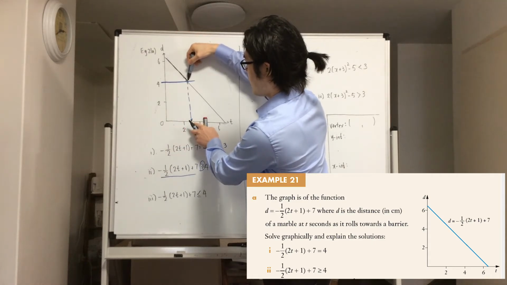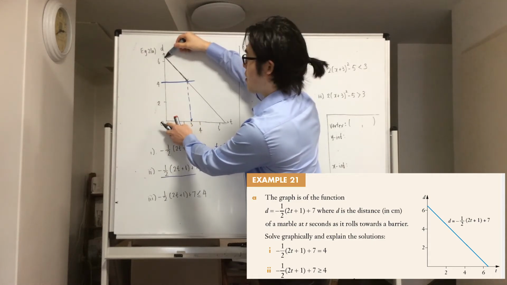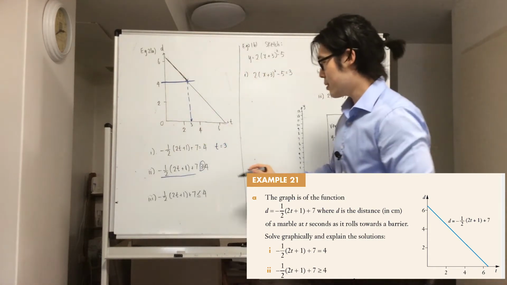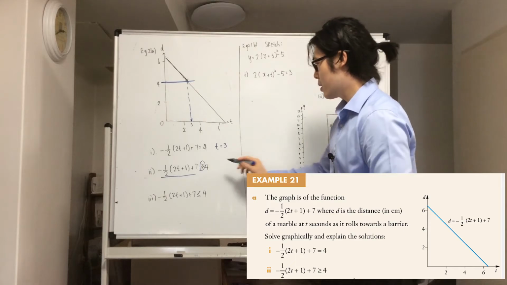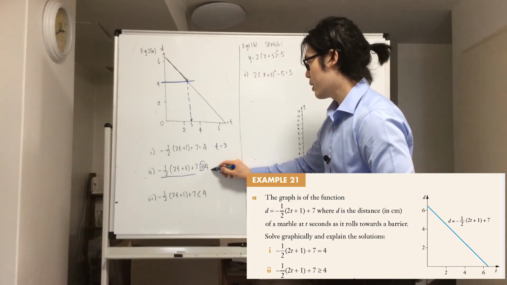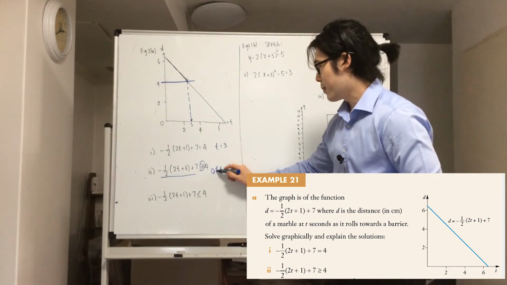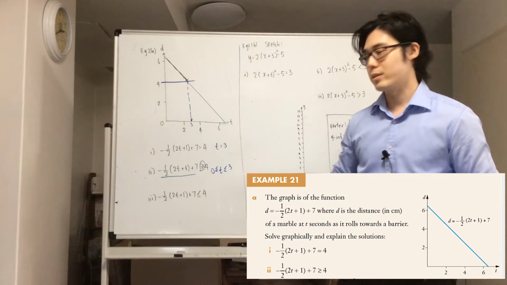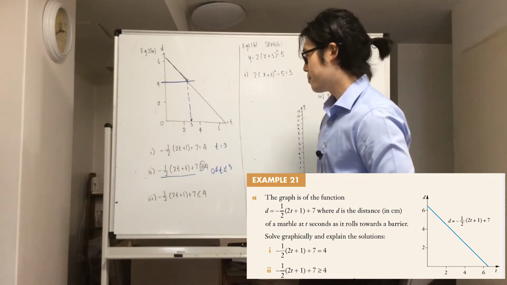Well, we know it's 3 here, but what's the t value there? As we can see, it's 0. So in this case, the answer is the time is in between 0 and 3, including 0 and 3, that's what these equal signs mean, because the question comes with an equal sign. So that's how you get that answer.